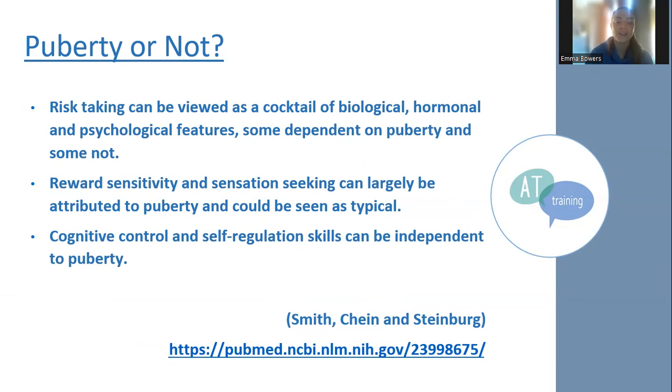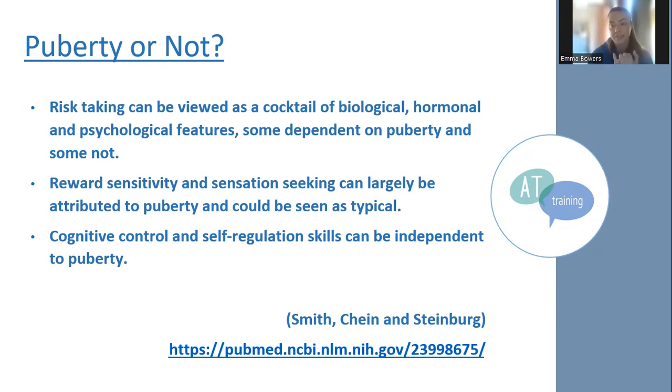Okay, so this is again a really helpful article I referenced at the bottom, because really, how can we differentiate whether a behaviour is caused by puberty or not? Well, risk-taking is essentially a cocktail of biological, hormonal, and psychological features, some dependent on puberty, some not.